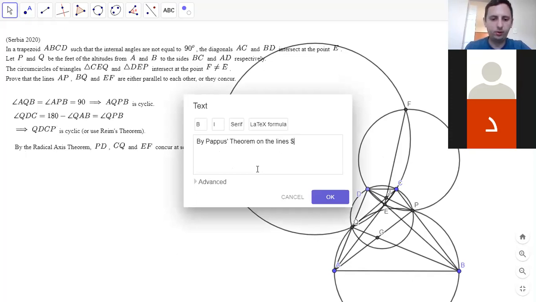So DQA and CPB, J, E, and G are collinear.